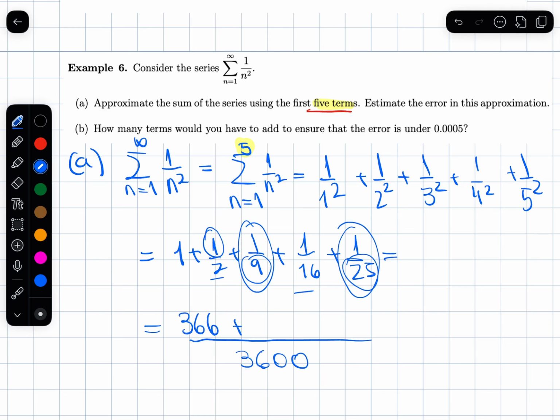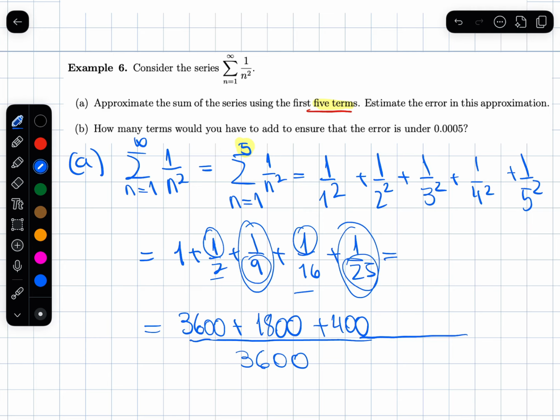And this one's going to be half, of course. The 1/2. And then fix my 3,600 here. And then the 9, let me do 3,600 divided by 9. That would be 400. Right.